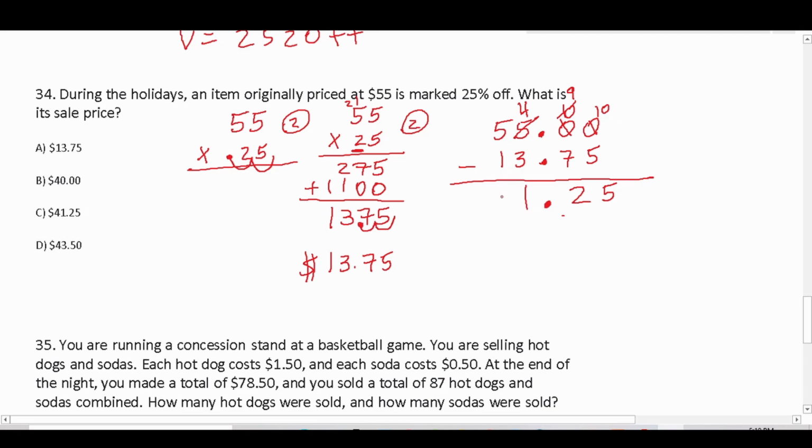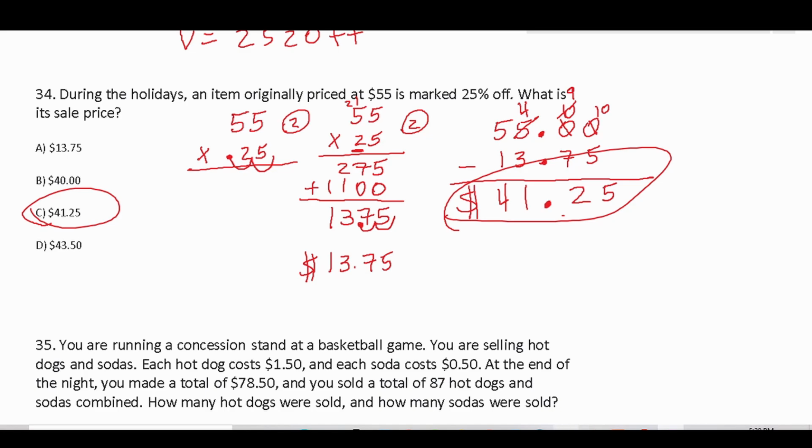And 5 minus 1 is 4. So we can see that 55 minus 13.75 is 41.25, which is the sale price. Okay, so that was that one.